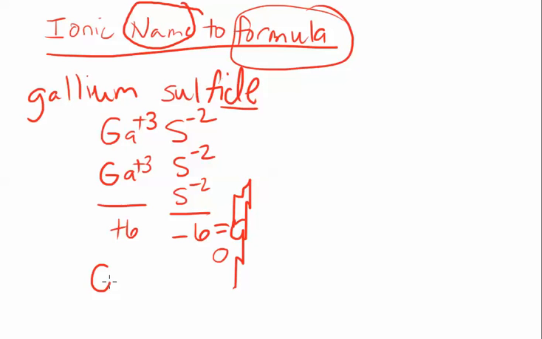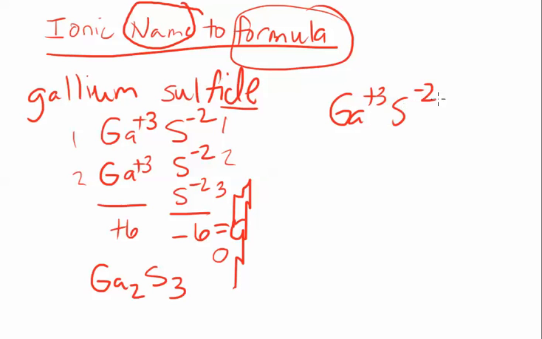To get our formula, we have 2 galliums, so a subscript of 2. We have 1, 2, 3 sulfide ions, so a subscript of 3. The other way to think about this is to ask, what's the smallest common multiple of 3 and 2? What's the smallest number that both 3 and 2 will divide into and give you a whole number? 2 won't go into 3 evenly.